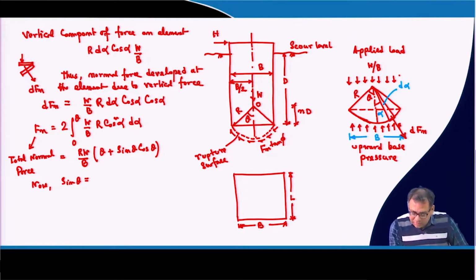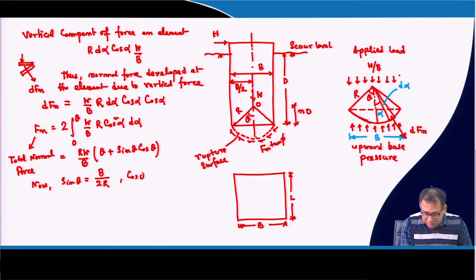So sin theta will be B by 2 divided by R, because in this triangle we can get that.